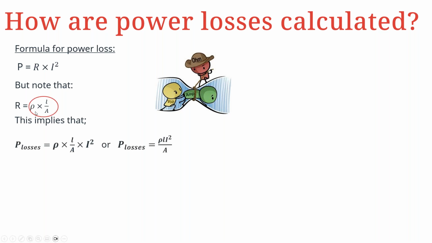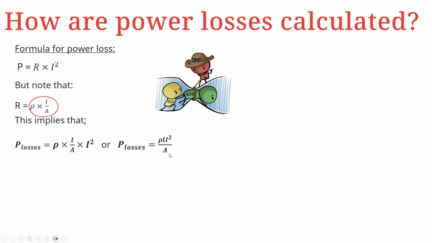So by the time we replace R with this particular definition of R, which is rho times L over A, that brings power loss across the conductor to be rho times L over A times I squared.